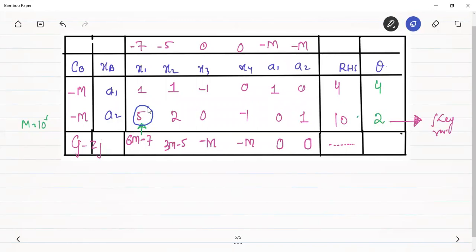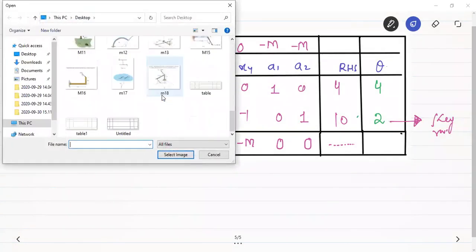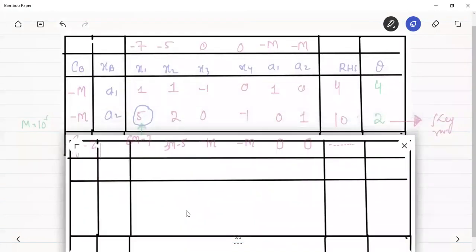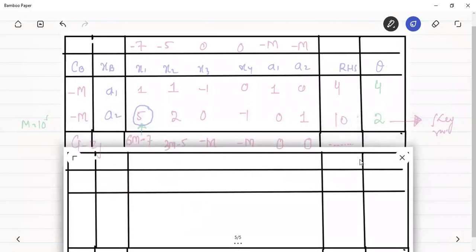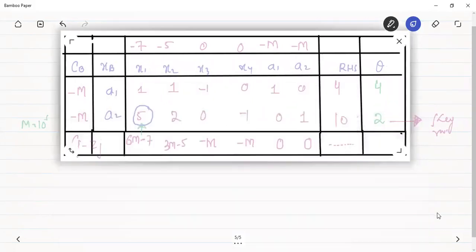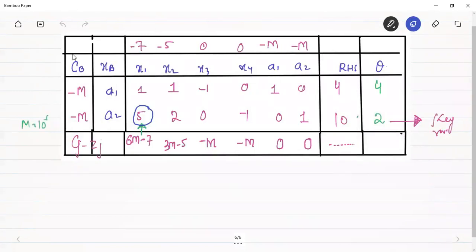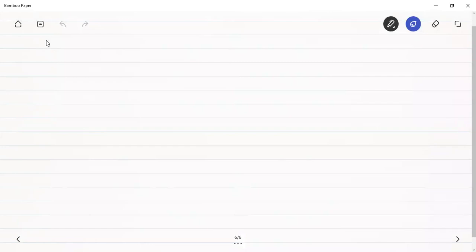ठीक है? ये कहीं पे गलती तो नहीं हुई? Is it okay? ये टेबल काफी बड़ा बन रहा है. नेक्स्ट स्लाइड में हम करेंगे यूज. I will draw the simplex table here. पहले मुझे बताओ टेबल 1 में कहीं पे गलती तो नहीं है? आपने देखा खुद से?